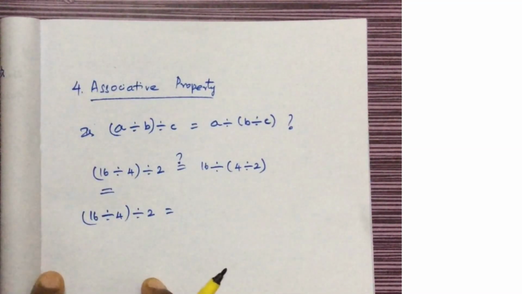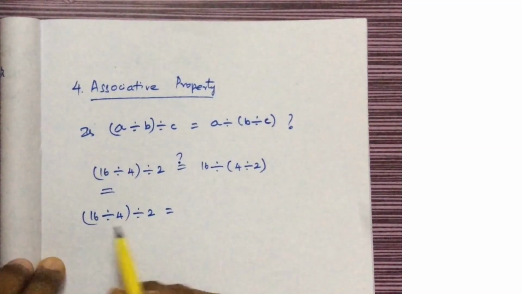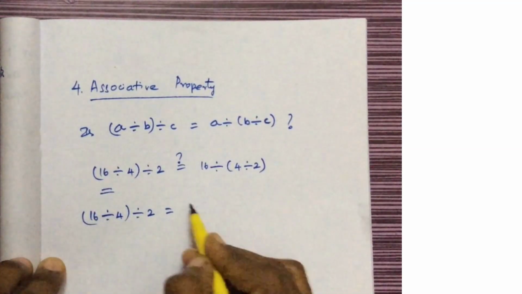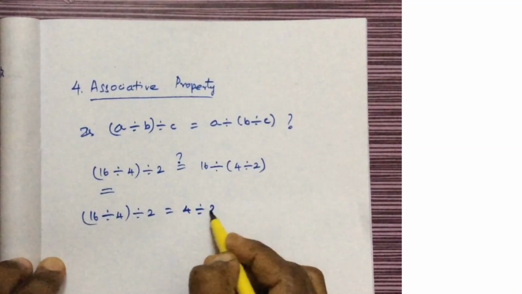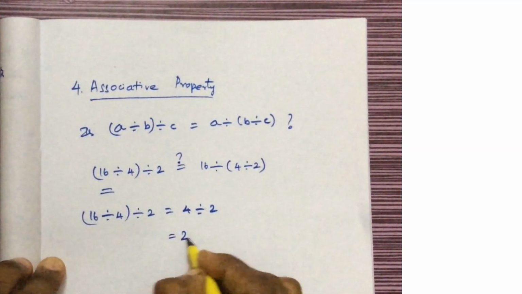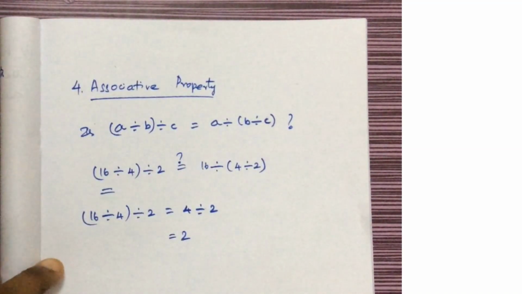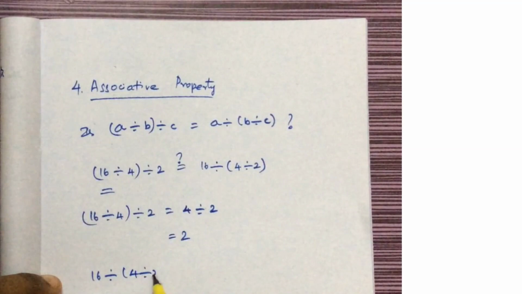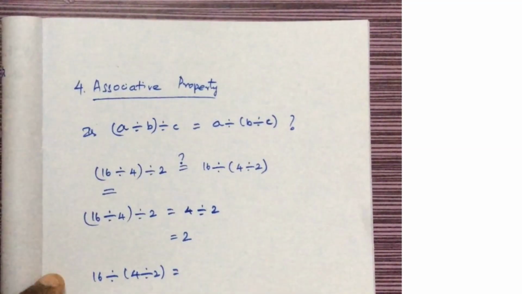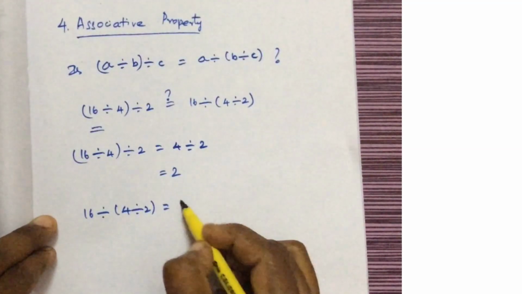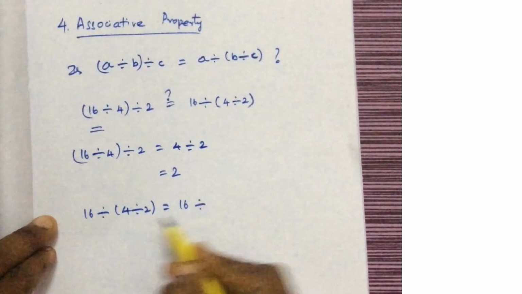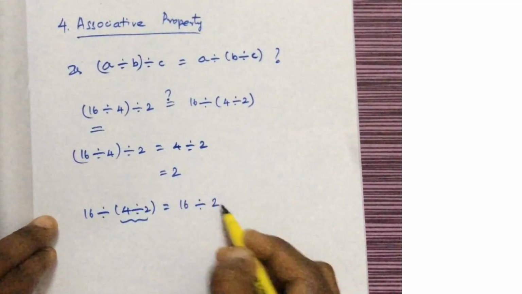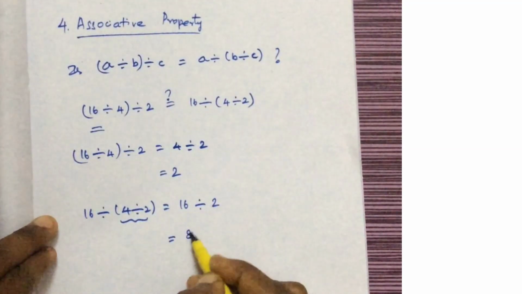First you have to solve whichever is inside the bracket. 16 divided by 4 is 4, divided by 2, that is equal to 2. Now you go for the right hand side: 16 ÷ (4 ÷ 2). 4 divided by 2 is 2. 16 divided by 2 is 8.